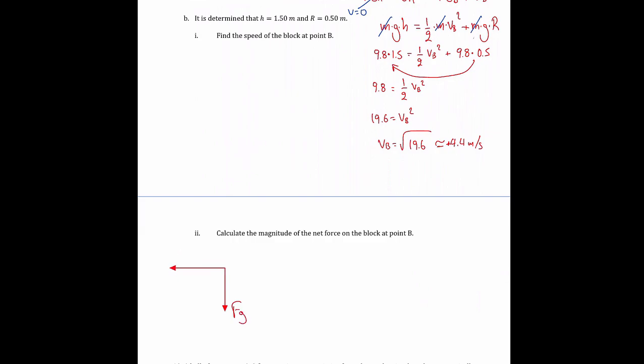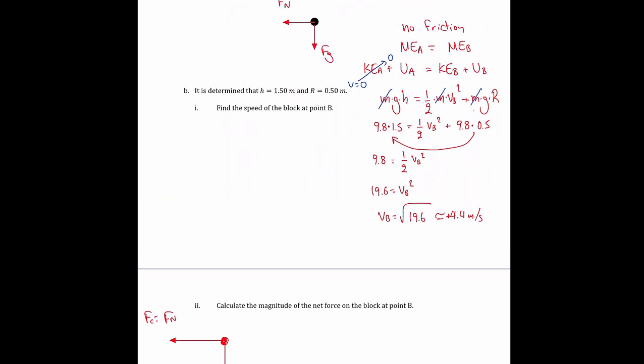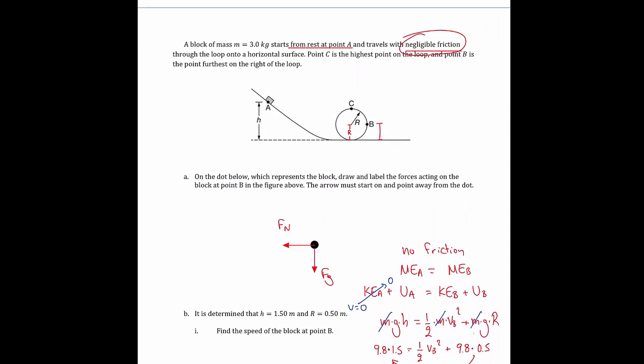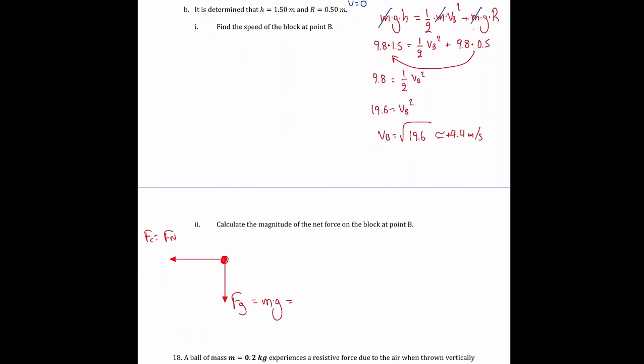In reality, this is the normal force, but we can say that it is F centripetal because it points towards the center of the circle. Now, the force of gravity is mass times g, and we know the mass, 3. So 3 times 9.8, this is 29.4 Newton.